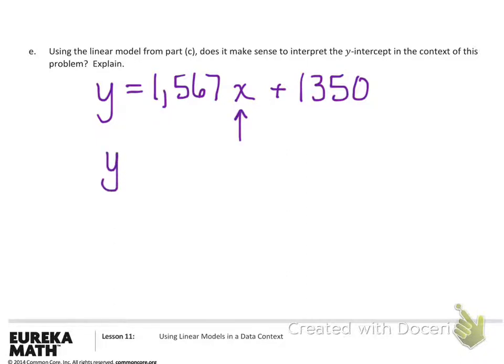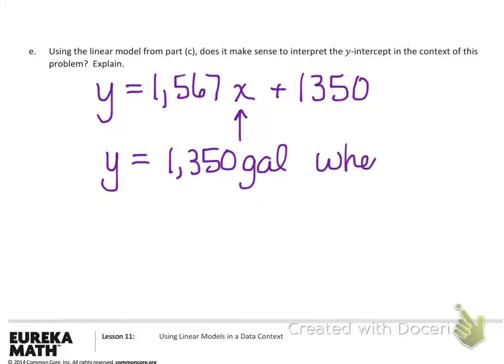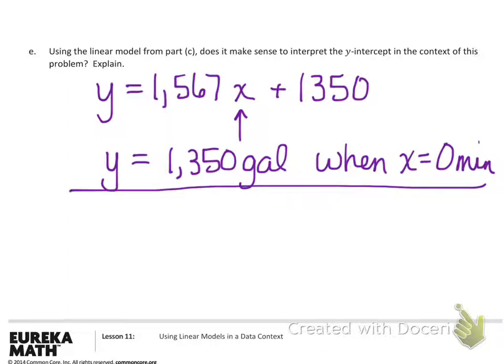So this would be y equals 1,350 gallons when x equals 0 minutes. That's what the y-intercept is saying. Does that make sense in the context of this problem? The answer is no. The y-intercept does not make sense.